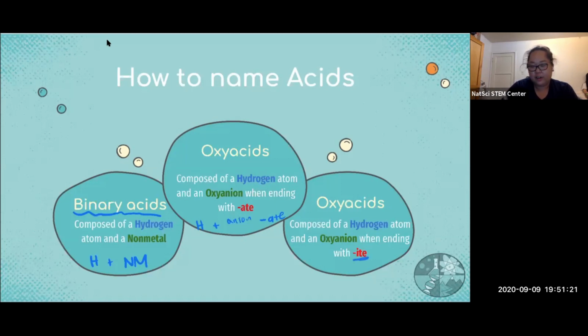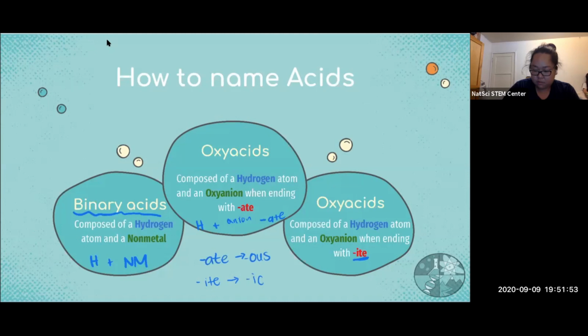Did you ever learn it like this? This is how I learned it. I learned that if an anion has "ide," then the acid name has hydro and "ic."